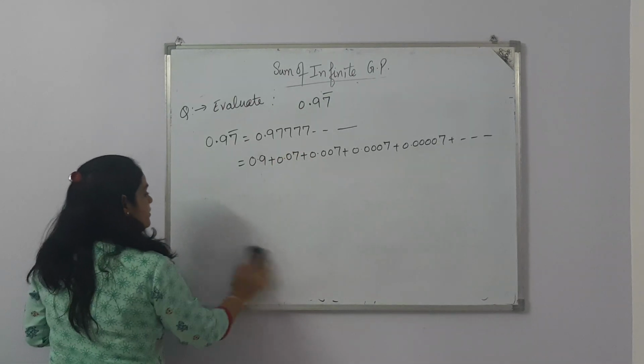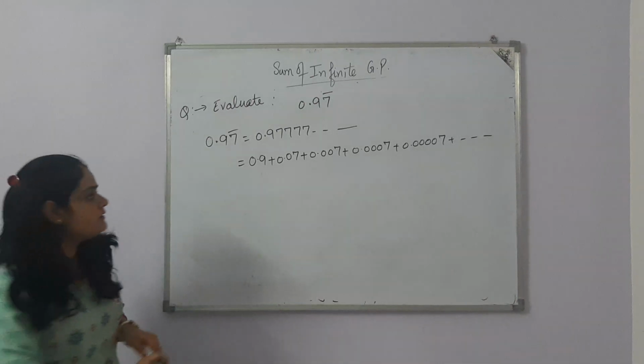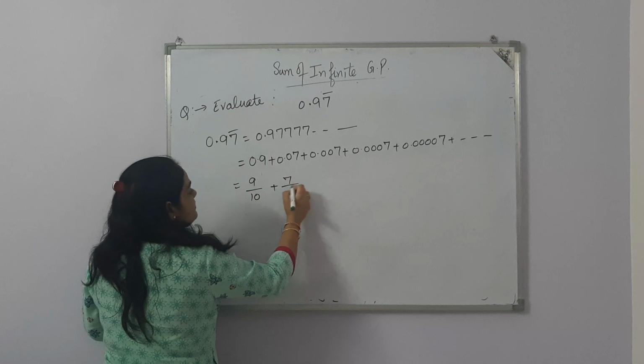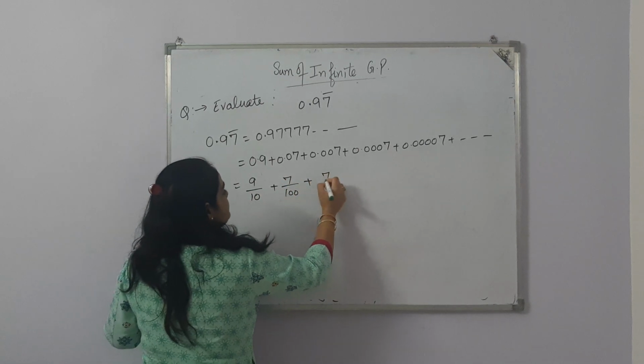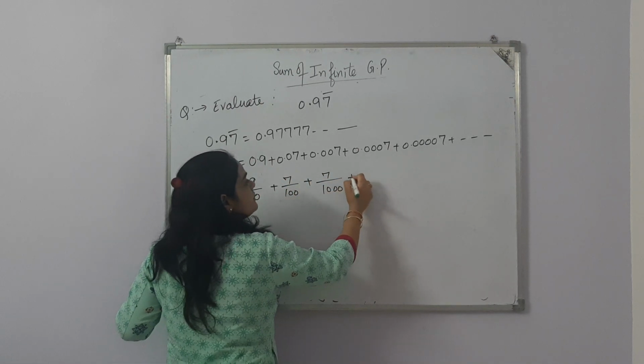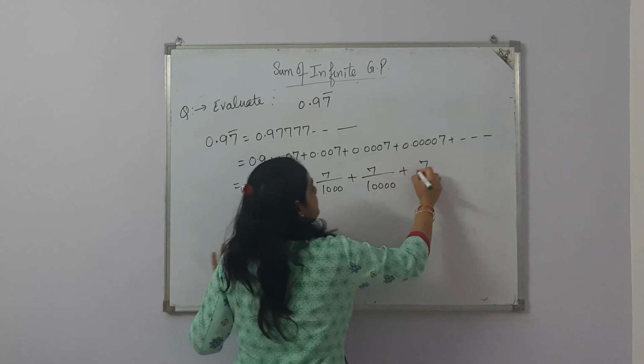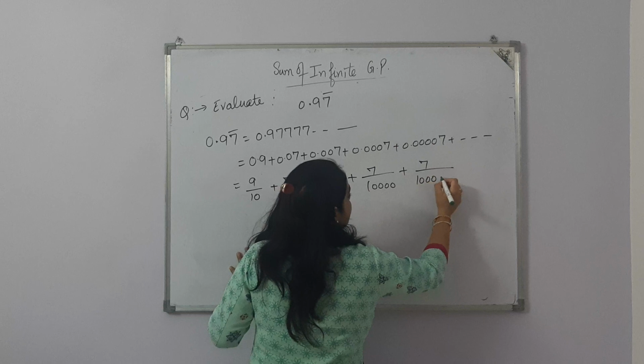Now can I write 0.9 as 9 by 10, then 7 by 100, 7 by 1000, 7 by 10,000, 7 by lakh.